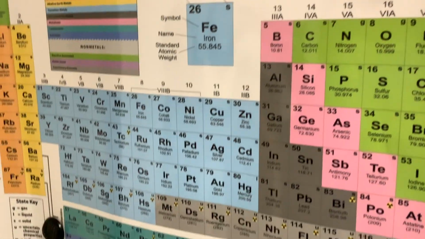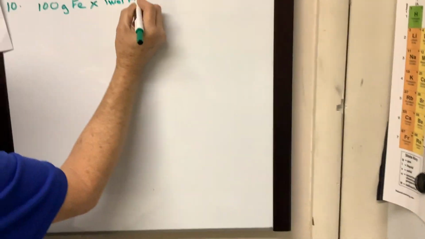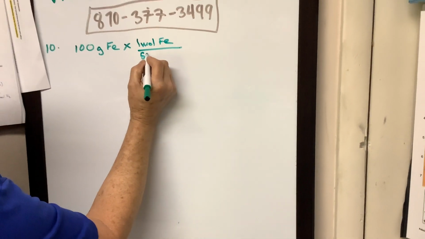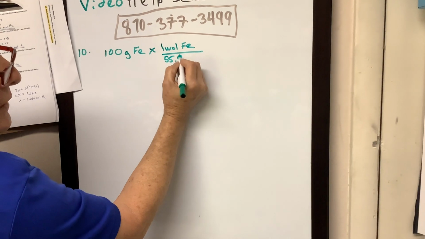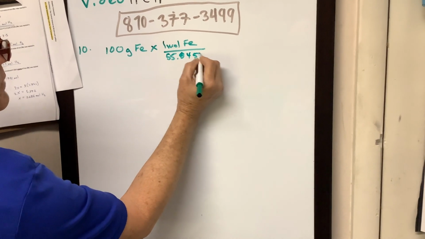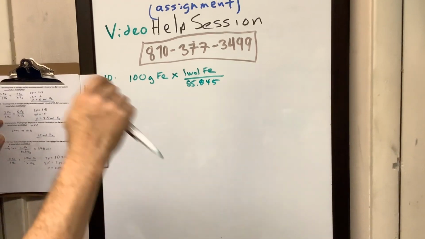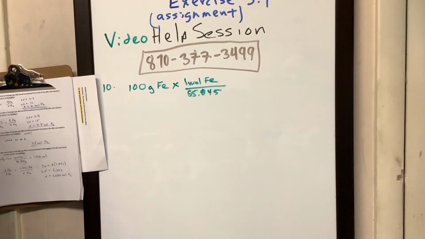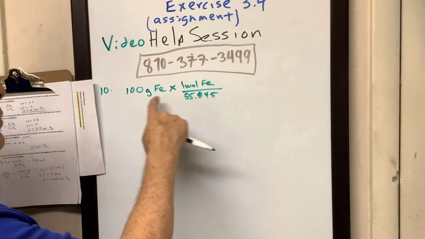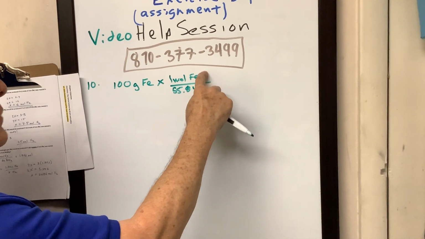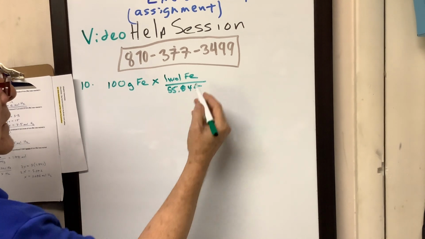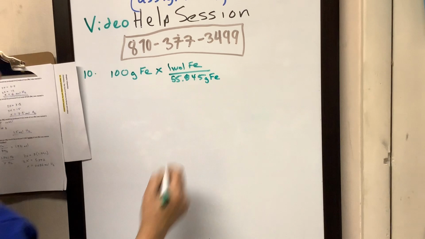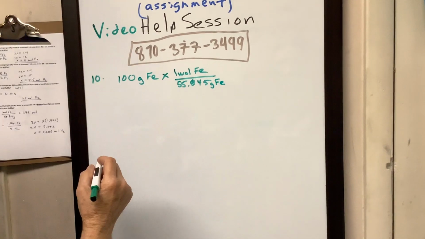So 1 mole of iron weighs, or is equivalent to, 55.845 grams, because I want to substitute moles for grams to answer my question. This is multiplying this value by 1, because 1 mole of iron is the same as 55.845 grams of iron.